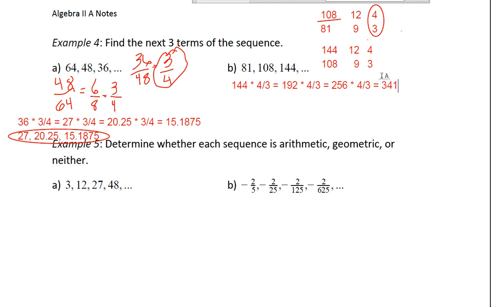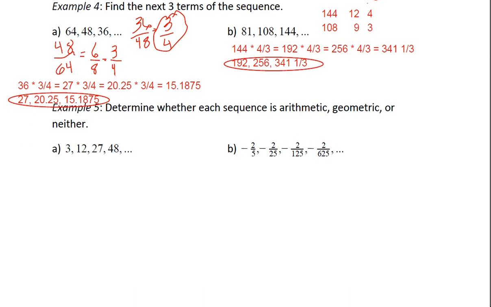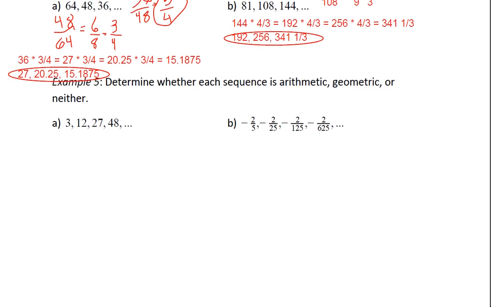That is 341 and 1/3. So my final answers will be 192, 256, and 341 and 1/3. Okay, hopefully those are all very straightforward. This section should be quite simple for you guys. Basically, it's find your common ratio and multiply.